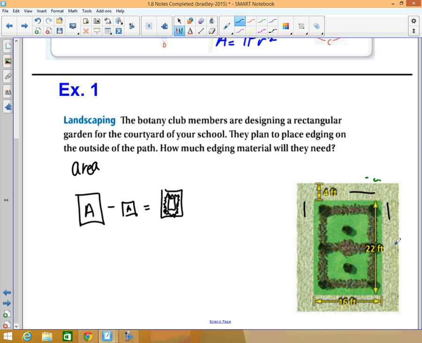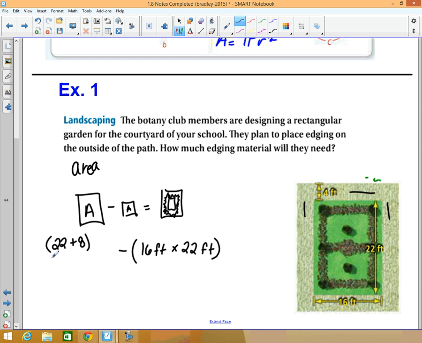So the smaller rectangle is going to be 16 by 22, so we know we'll be subtracting 16 feet by 22 feet. Now for this larger one, we're actually going to have to add to 22: 4 feet at the top and 4 feet at the bottom. So this one will be 22 plus 8, right?